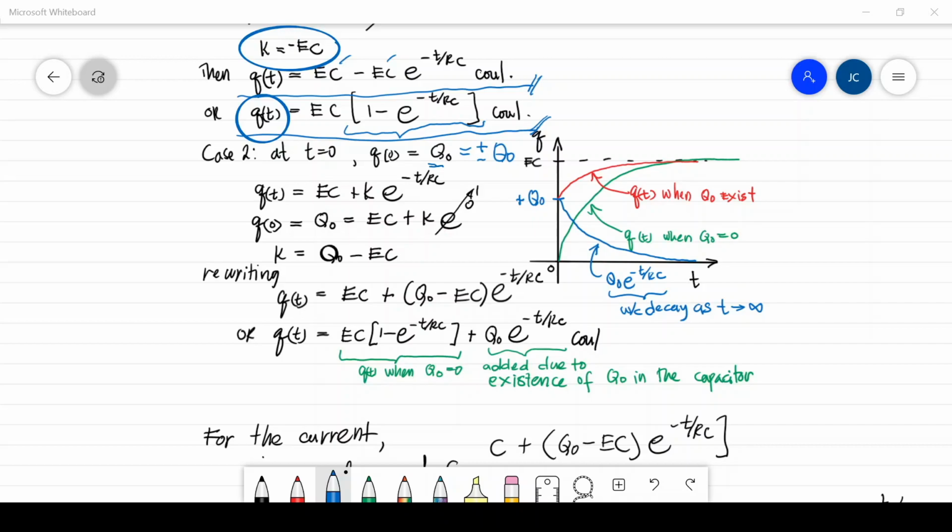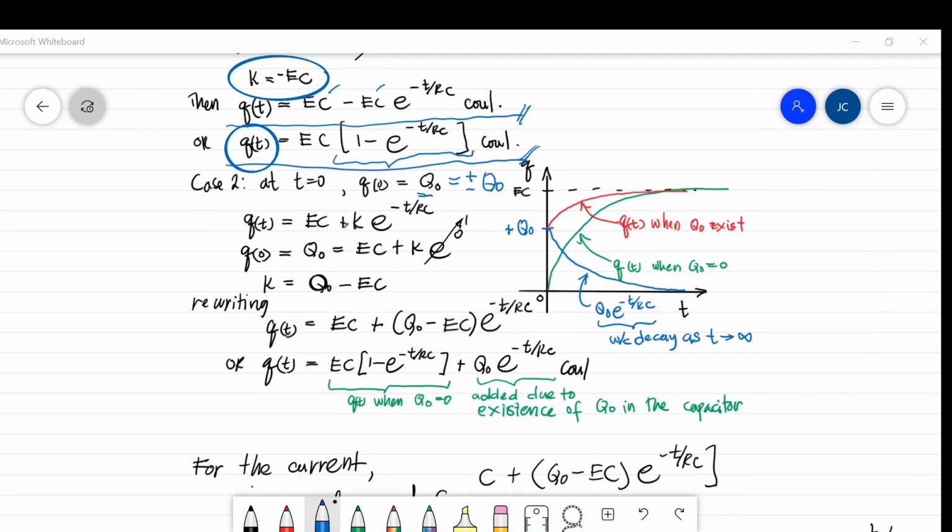Substituting the given condition in the equation, this will give us the arbitrary constant K as equal to Q sub O minus EC. Rewriting the equation, Q as a function of time would become EC plus the quantity Q sub O minus EC, multiplied by e to the negative t over RC.